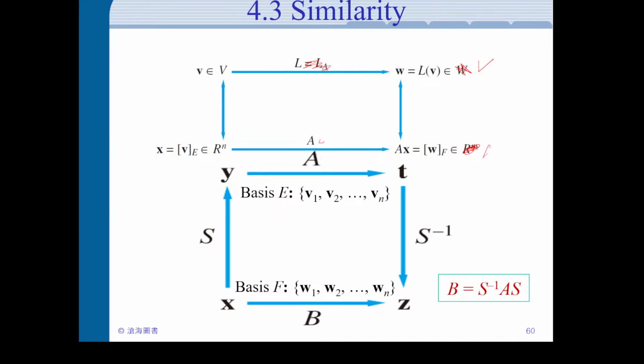So let's cross out to make this comparison: W is now V, and Rn is still Rn. Now we don't have a different E and F, so this is still E.